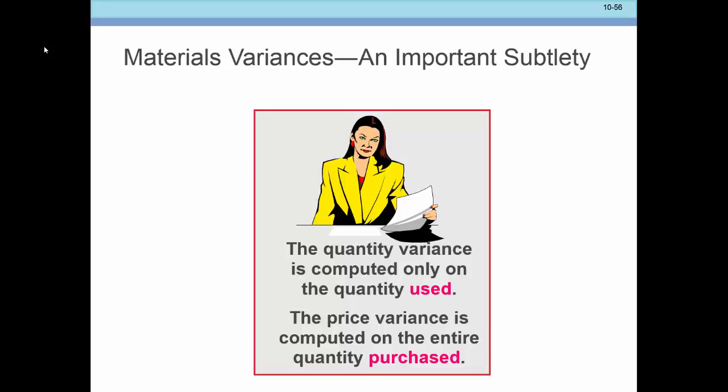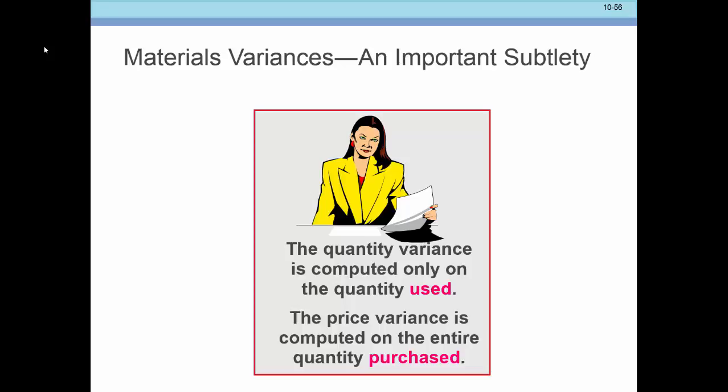Used. Okay? So when we look at our materials variances again, for the price variance, it's the quantity purchased. The price variance is the quantity purchased.